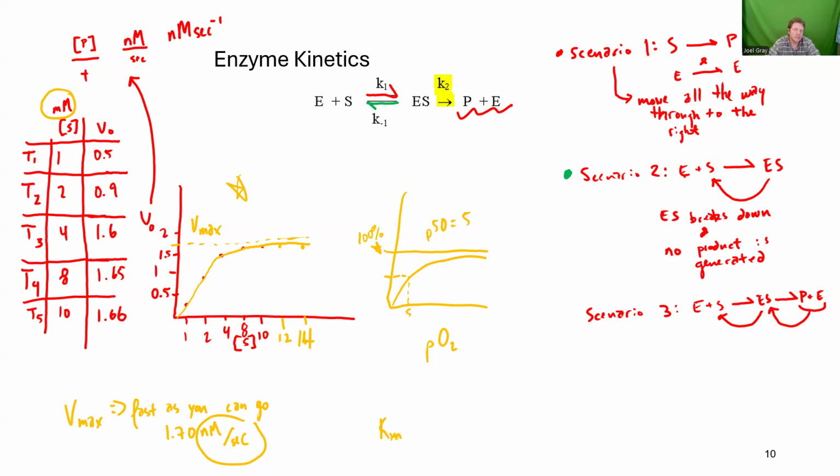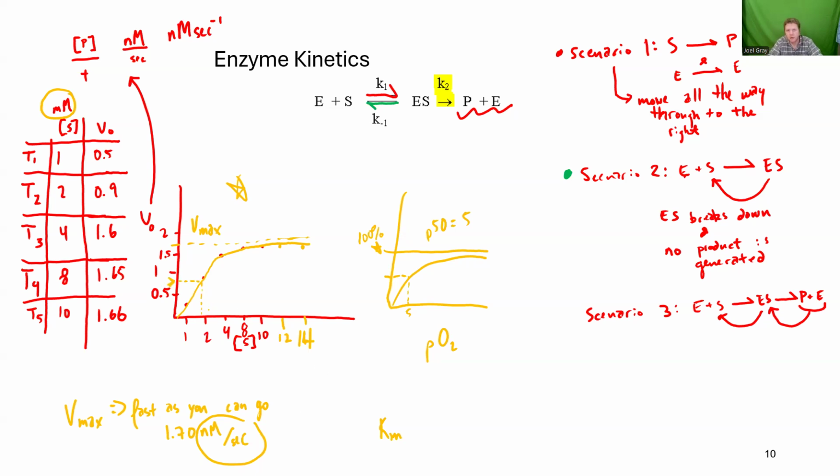The Km is similar to the P50 in the sense that the way that you calculate it is by taking your y-axis and looking at that maximum velocity and more or less cutting it in half and saying, okay, right here is half of my Vmax.